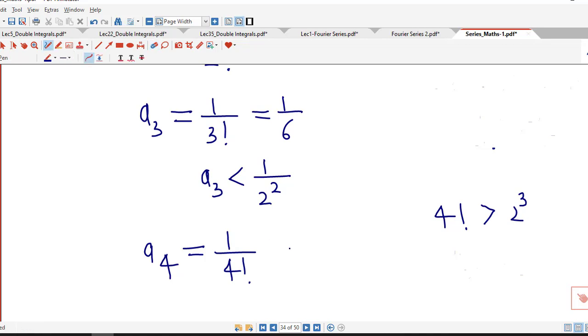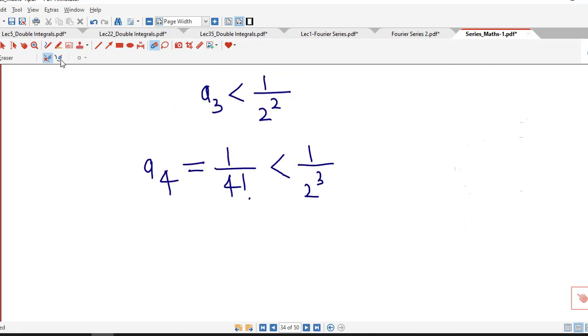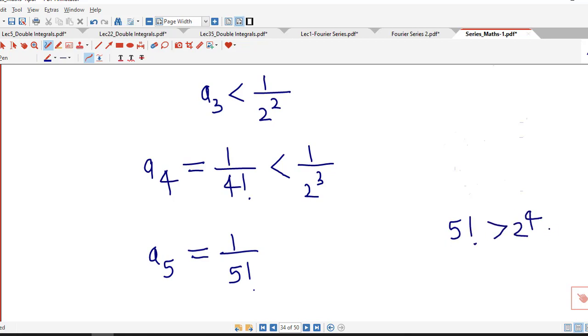So therefore 1 by 4 factorial is smaller than 1 over 2 raised to 3. This pattern will continue if we consider one more term, say a5. Then a5 is 1 over 5 factorial, and 5 factorial is 120, which is greater than 2 raised to 4, which is 16. So we can write here a5 is smaller than 1 over 2 raised to 4.